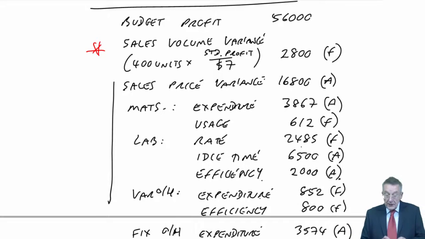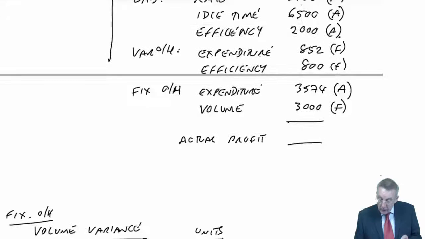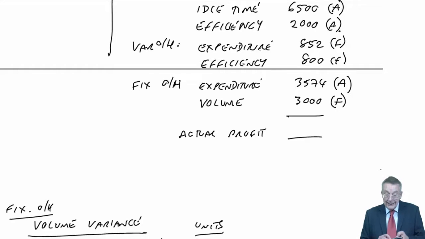Budget 56,000. 2,800 favourable, 16,800 adverse, 3,867 adverse, 612 favourable, 2,485 favourable, 6,500 adverse, 2,000 adverse, 852, 800, 3,574, 3,000.